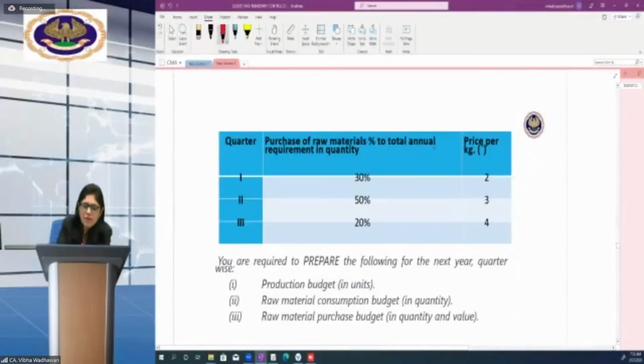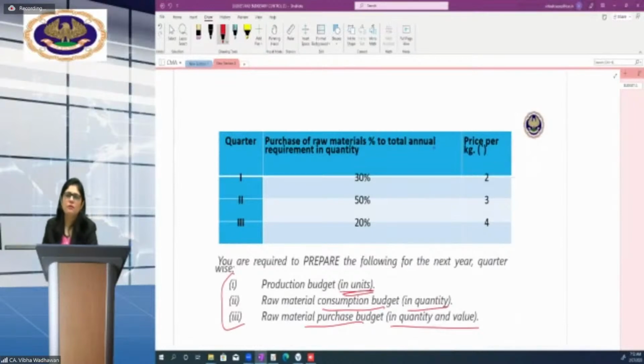You have to make 3 budgets: production budget in units, raw material consumption budget in quantity, and raw material purchase budget in quantity and value. You should just note down these things, that this is what is required of you. All right.